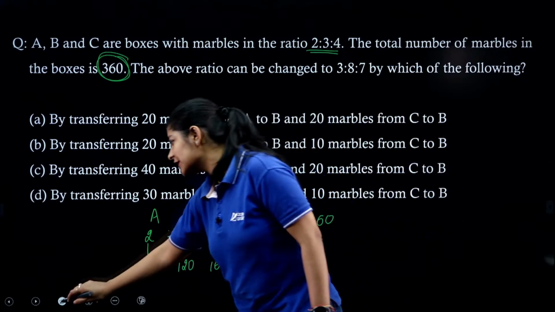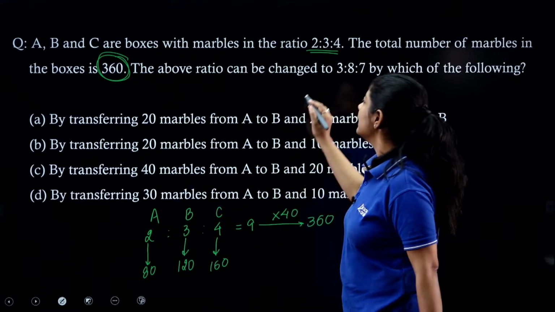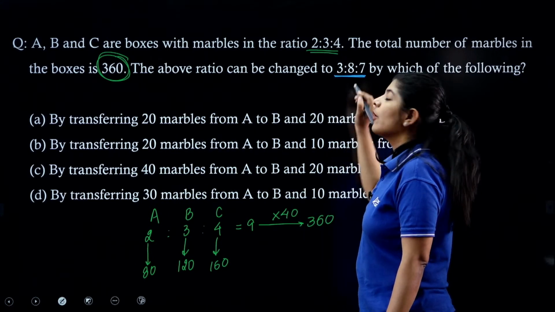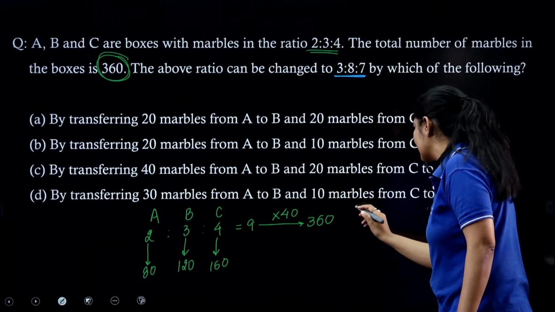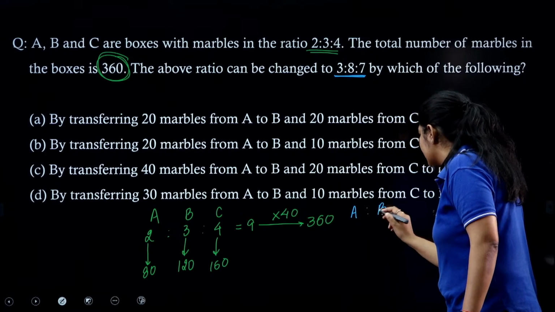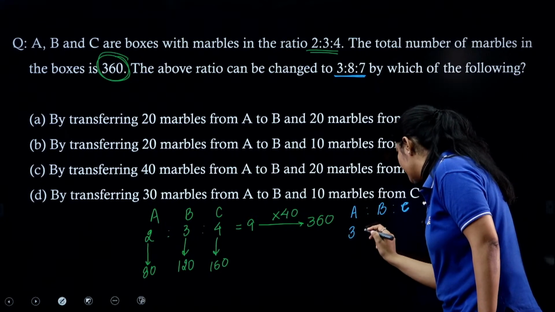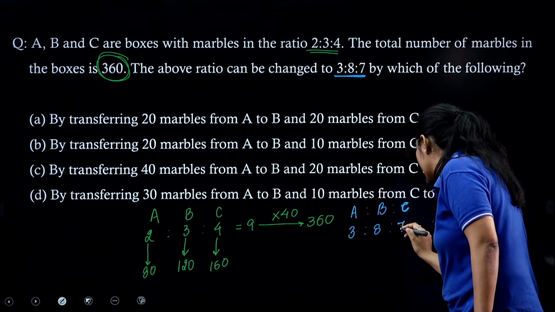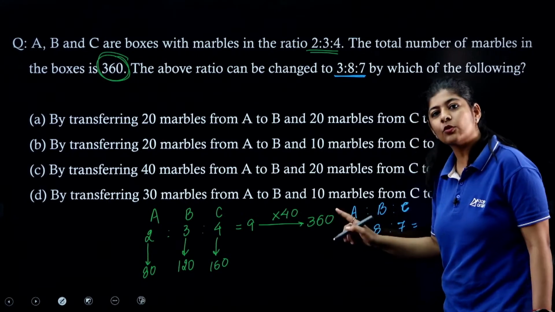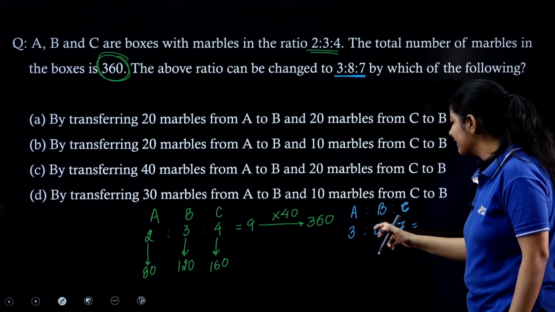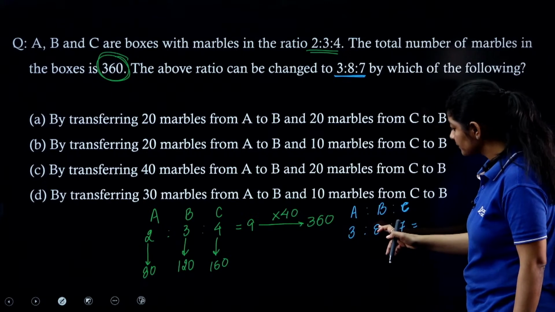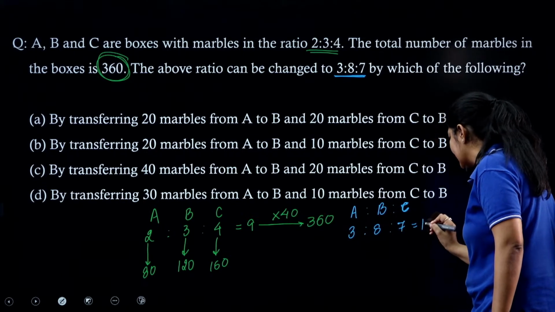But the question is saying we need to change our ratio to 3:8:7. That means the new ratio's total is 7 plus 8, that is 15, 15 plus 3, 18.